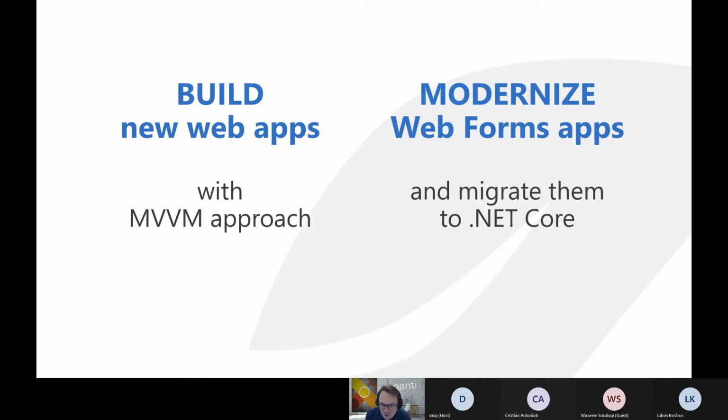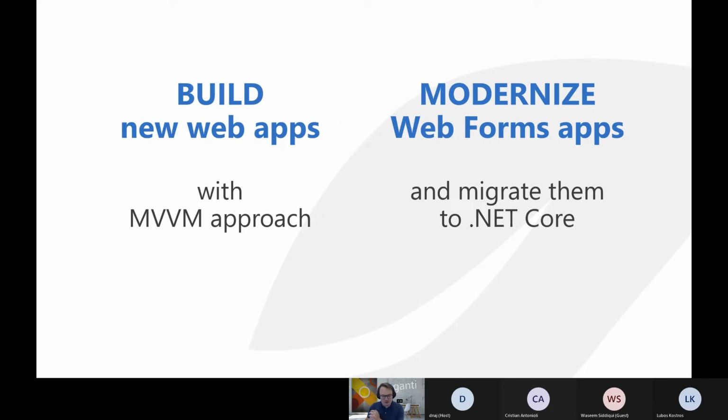And if you have old Web Forms applications you would like to modernize and get them to .NET Core or .NET 5, 6, 7 maybe, then you can use DotVVM, because DotVVM still supports the old framework versions. So you can install DotVVM in your existing project, then do the modernization, like remove ASPX pages, replace them with DotVVM alternatives.